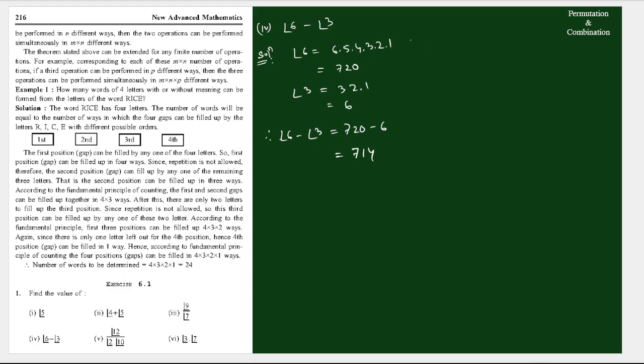Let me show you an alternative. Alternatively, you can take factorial 3 common.